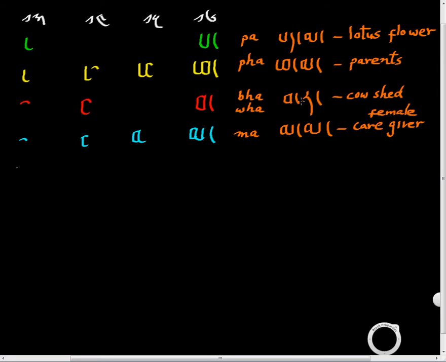But since there's a tsakdung here, this should be pa, ra, para. Para meaning cowshed, pama meaning parents, pa means dad or the father, ma means mom or the mother. Okay, para, cowshed, and then mama, 2 syllables. And then the meaning is female caregiver.